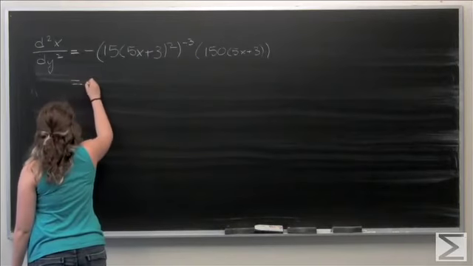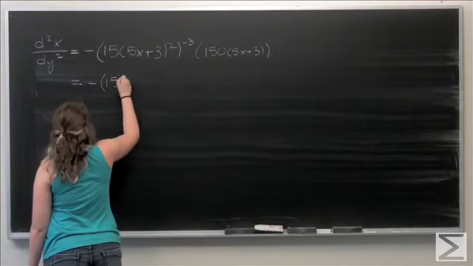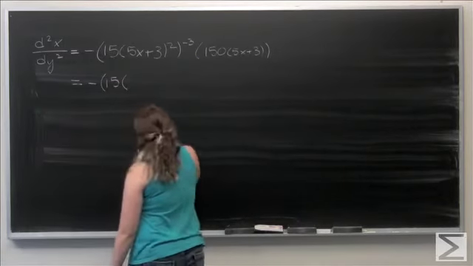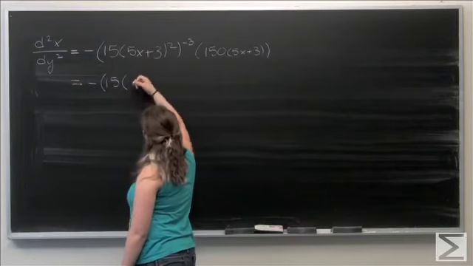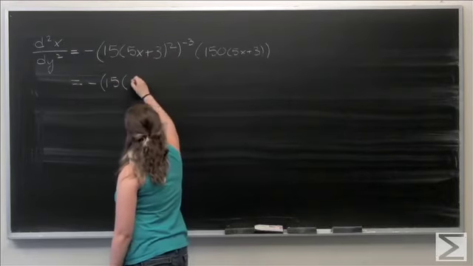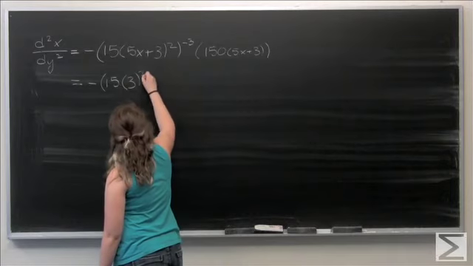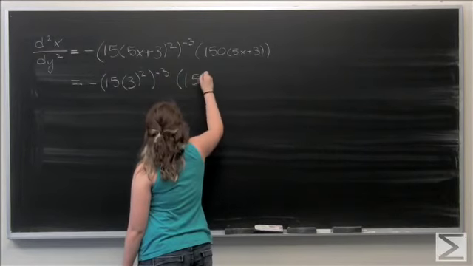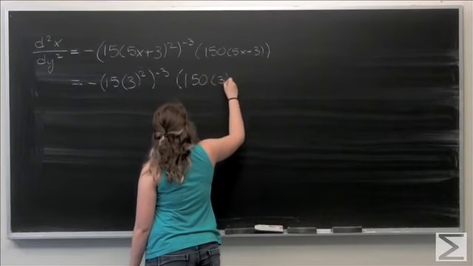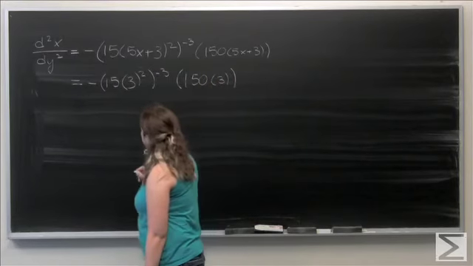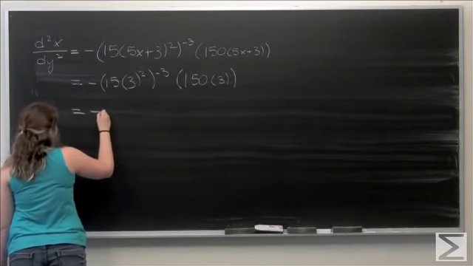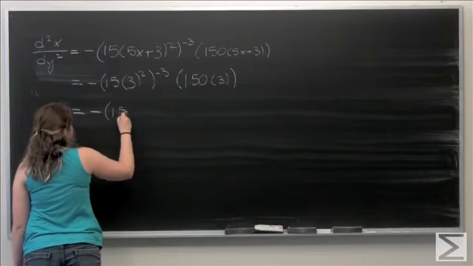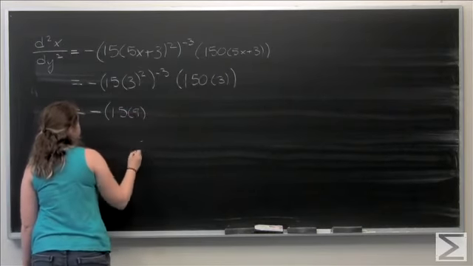So we have negative 15 times, well, if x is 0, 5x is 0. So 0 plus 3 is just 3 squared. So negative 3 times 150 times 3. So this is equal to negative 15 times 9.